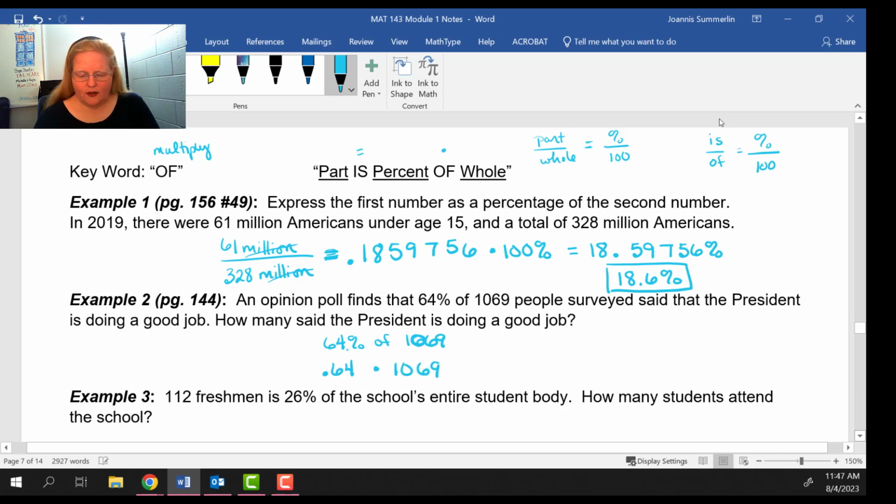You cannot have a percent in a computation. You must change to a decimal.